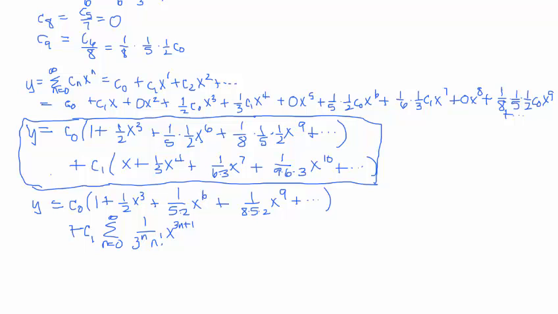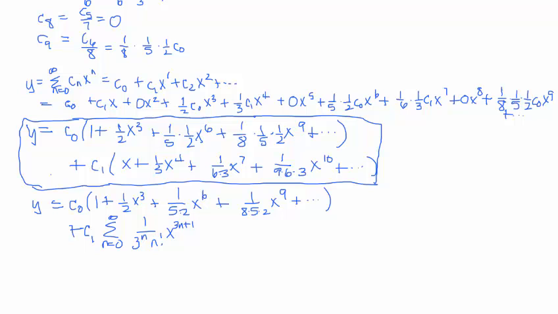Let's double check. When I put in n equals 0, I get 1 times x to the first. So that's okay. That's what I wanted. And then when I put in n equals 1, I get 1 over 3 times x to the fourth. So that's good. When I put in n equals 2, I get 3 squared, that's 9 times 2, 18, all right, and x to the 7th, and n equals 3.